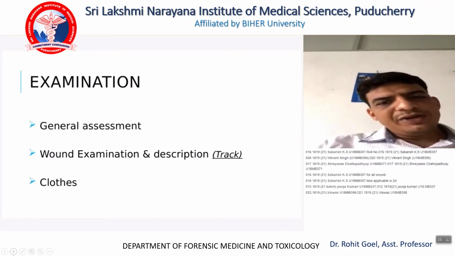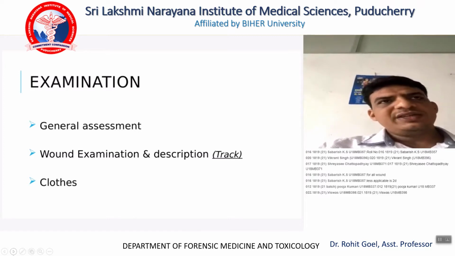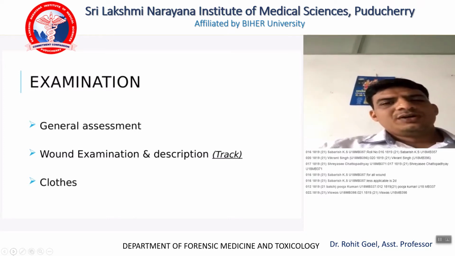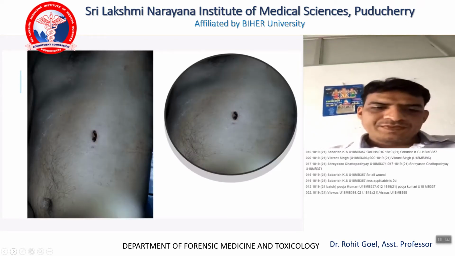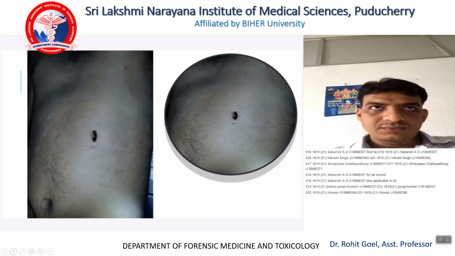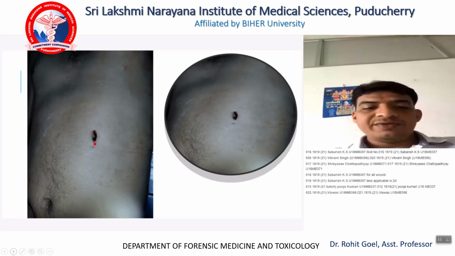Based upon that, you have to imagine a scenario where a person would have sustained such an injury and make an injury report. We will go into detail about it when we go for a practical session on this. Next is this injury where we saw a hilt mark over here.